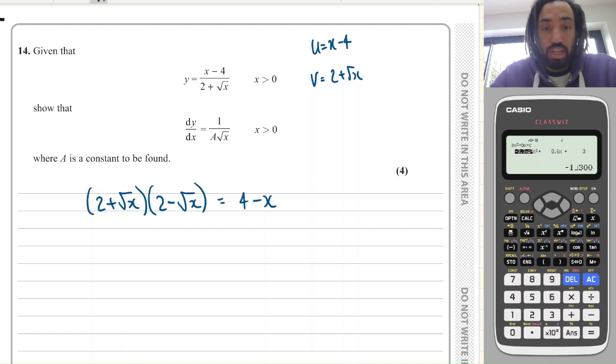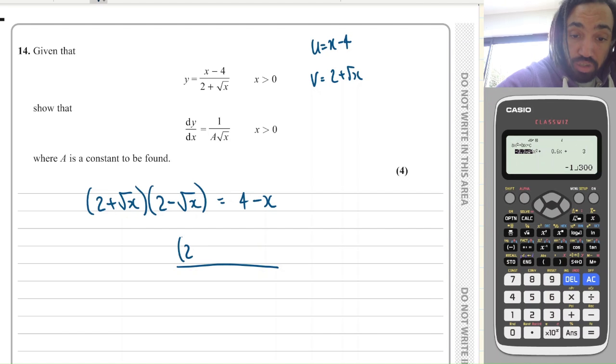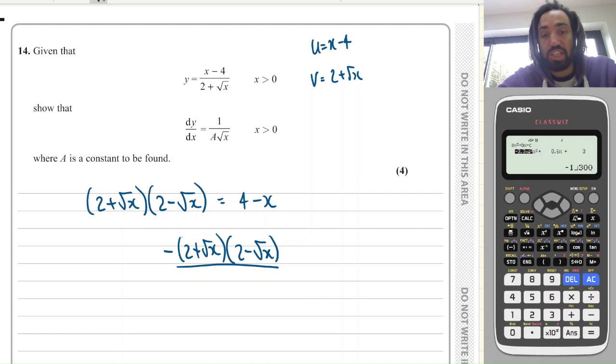So let's rewrite the numerator as 2 plus root x, 2 minus root x, but I need a negative in there just to swap them around so that it does actually become the 4 minus x like it needs to be, rather than the x minus 4.